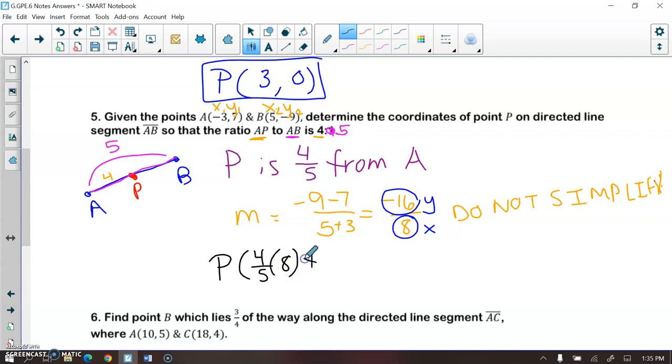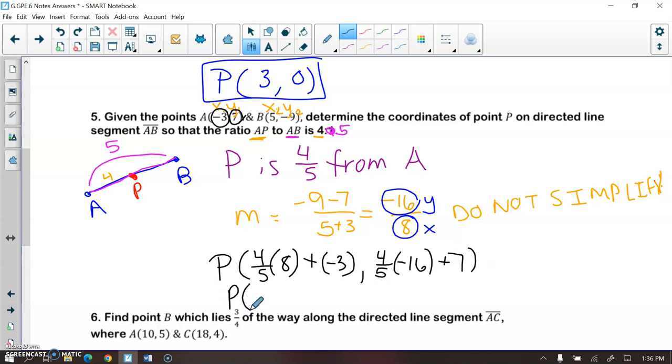And then I'm going to add it to the x value of my starting point, which I chose to be A, so -3. And to find the y value of point P, I take my ratio of 4/5. I multiply it by my rise, which is -16, and I add it to my y value of my starting point, which in this case is 7.